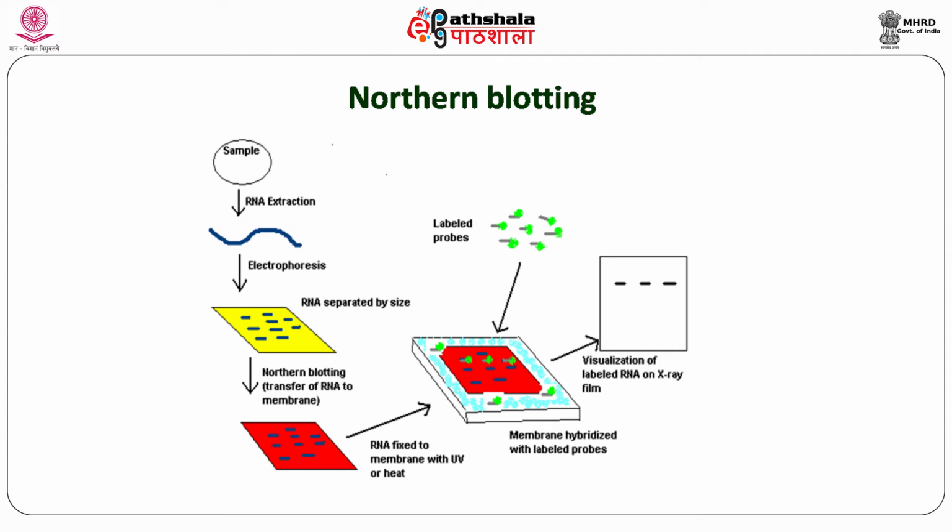What is Northern blotting? It is the technique used for specific identification of RNA molecules. The method is similar to Southern blotting. Here, the RNA molecules are subjected to electrophoresis. It's followed by blot transfer, hybridization, and autoradiography. Coming to the technique of dot blotting.